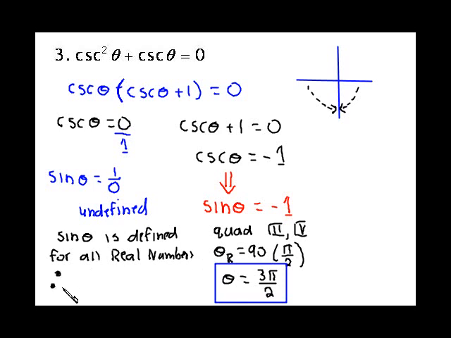So therefore, there is no solution for that particular factor. Cosecant theta is never equal to 0. It cannot be equal to 0 simply because sine theta can never be undefined. So this is one where if you tried to put it on your calculator, you'd be shut down as well. It wouldn't give you an answer. Tricky problem.